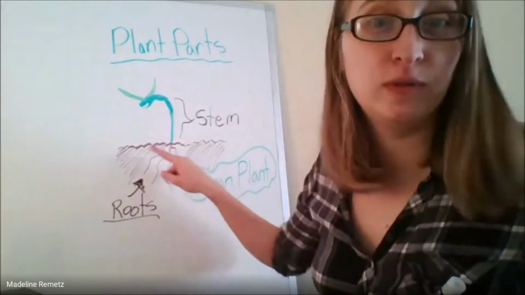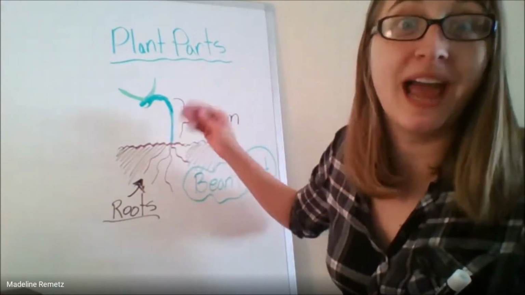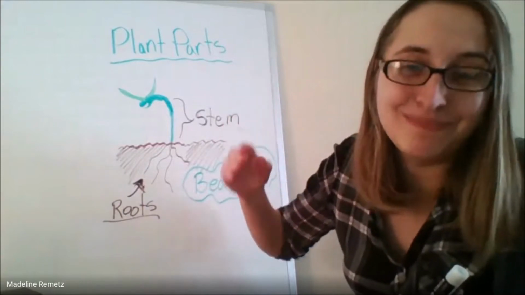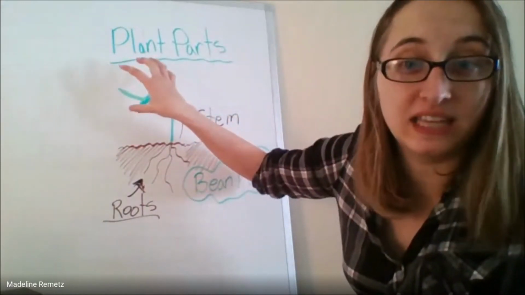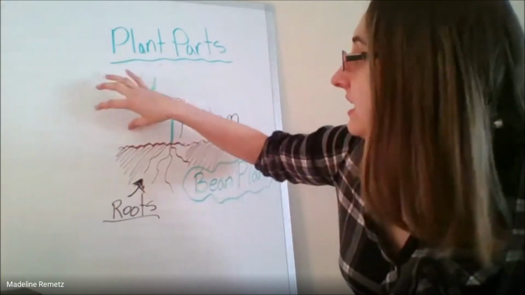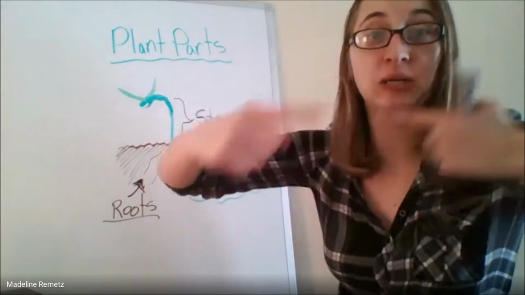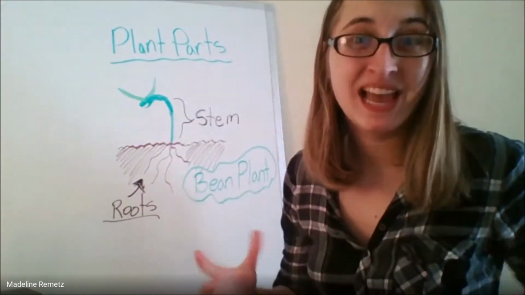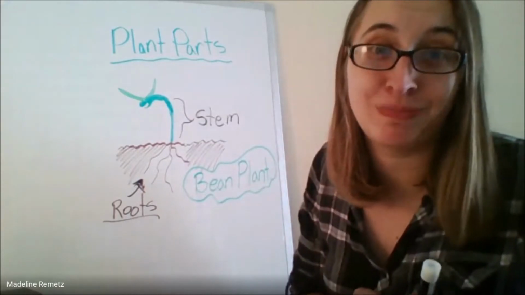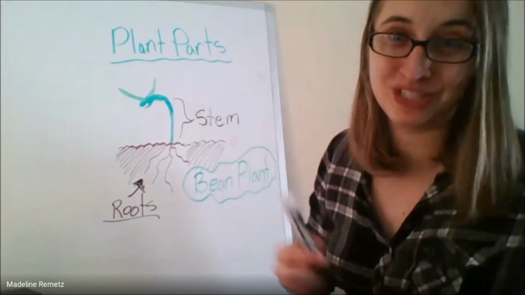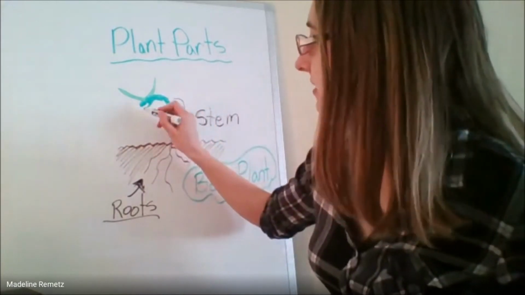So any of the food that the roots get, the stem is kind of like the road or an elevator even because it's going up, and it delivers it to the top part. And then anything they capture like sunlight, it delivers back down. So it's a constant circle, and that's the awesome part of plants. Every single part of it is working together to make sure this plant stays nice and healthy and grows up strong. So now that it's growing up, let's look here.